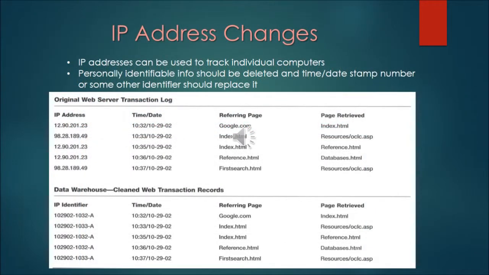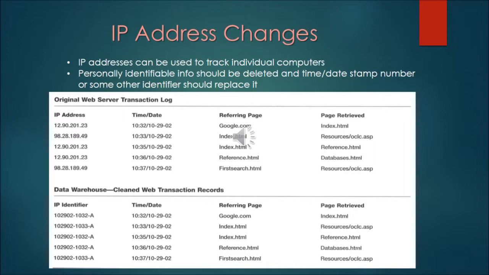An IP address is a numerical label assigned to each device participating in a computer network. For us librarians, that means it's an individual number on a transaction log that tells us what pages a person has been retrieving and how often. These identification markers should be deleted once you are culling your information for your warehouse.